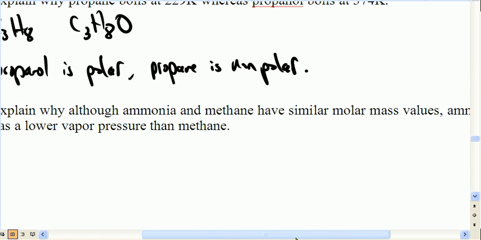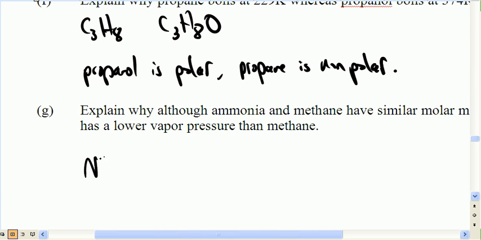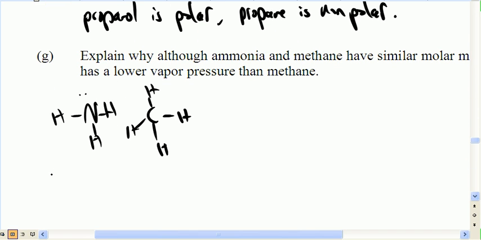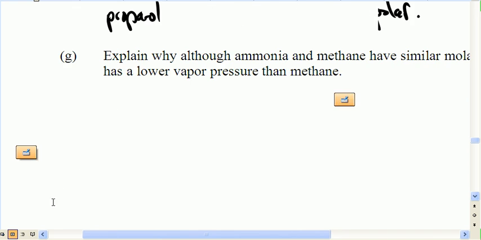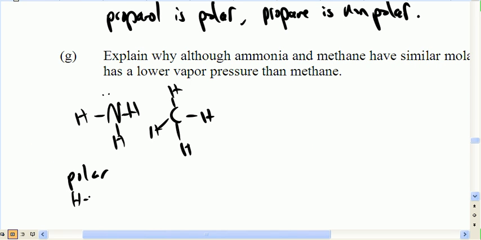Explain why, although they have the same size, ammonia has a lower vapor pressure. Okay, well, if you draw the Lewis structure out, this is what you're going to get for ammonia, and this is what you're going to get for methane. So this here is polar, H bonds, and this is non-polar, London.